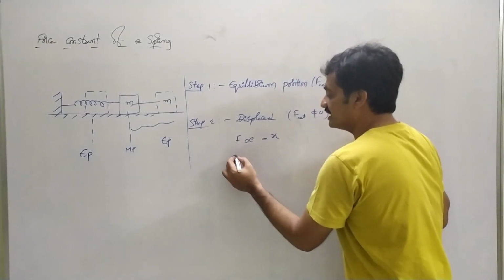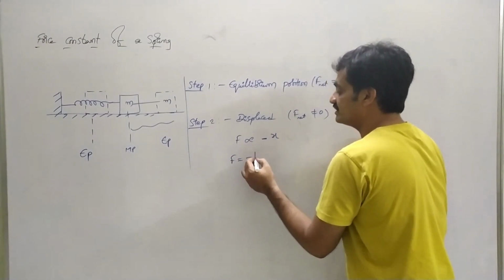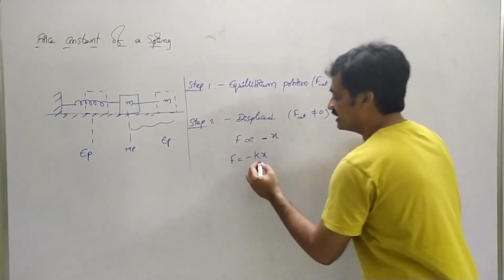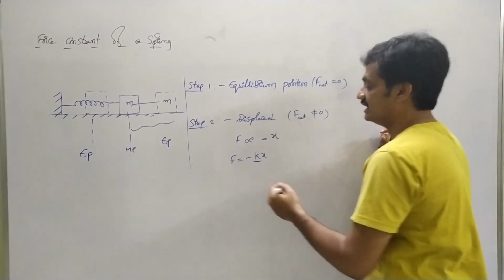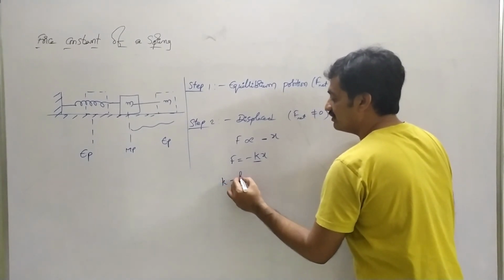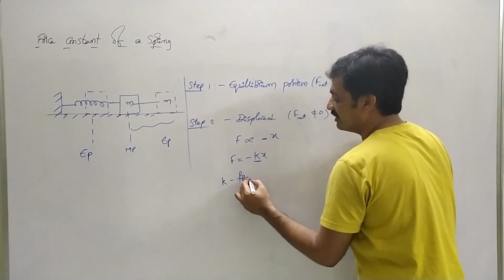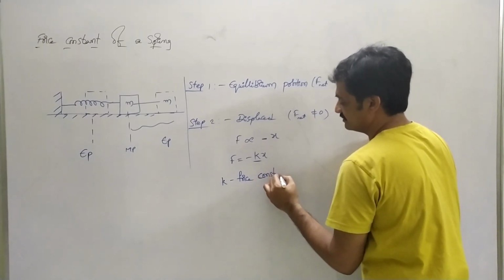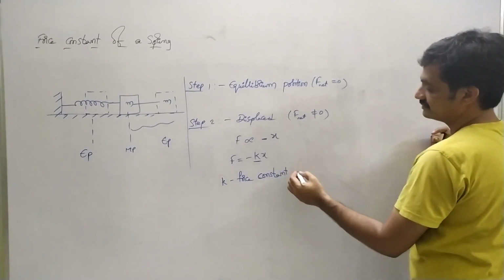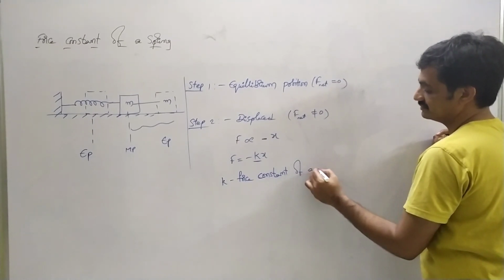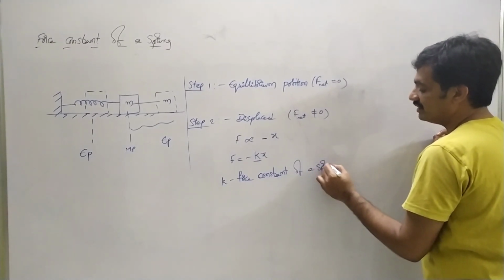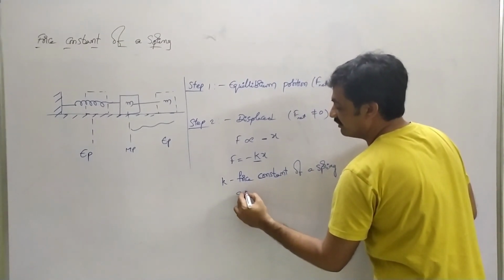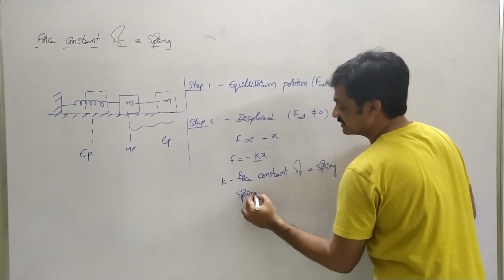So we can represent the equation as F is equal to minus kx, where k is the force constant of the spring, or we can also call it the spring constant of the spring.